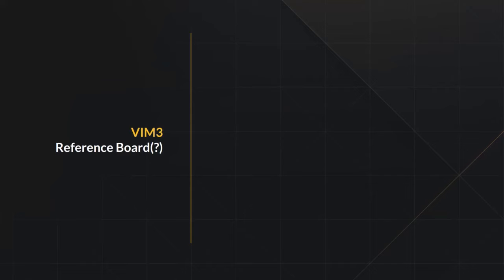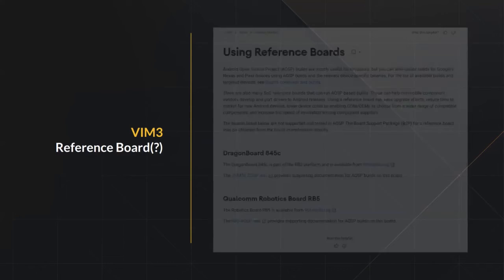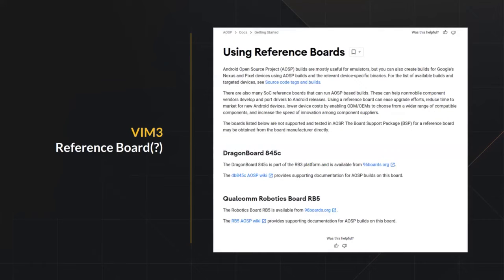I had a look at the documentation in Android today, and this came up. So there used to be quite a long page about 3 or 4, maybe even 5 different reference boards and how to set them up. Now there's just this. I don't know what's going on.